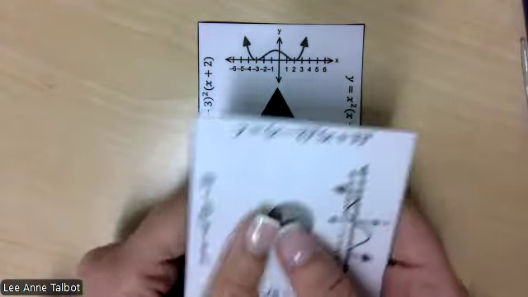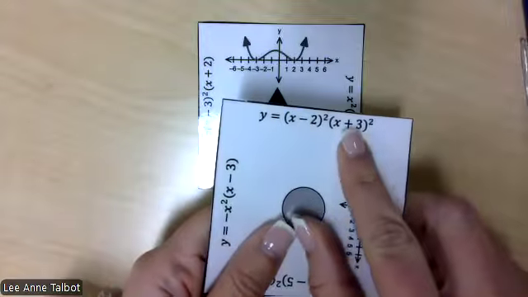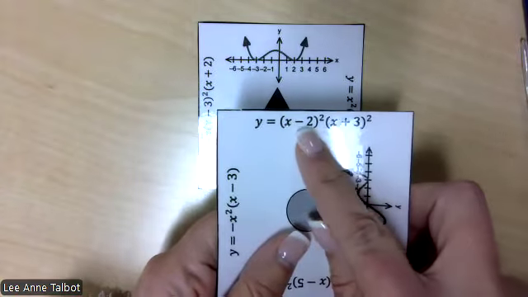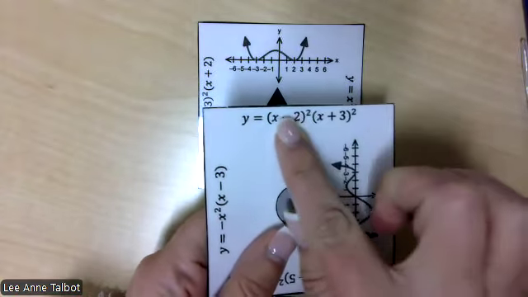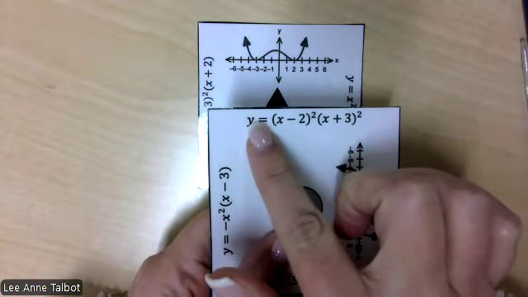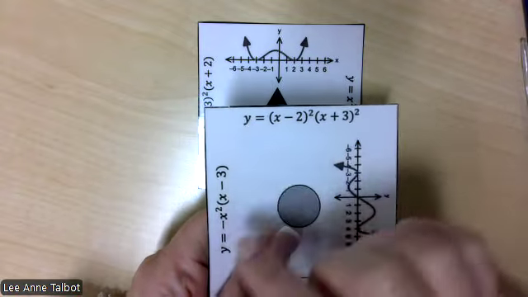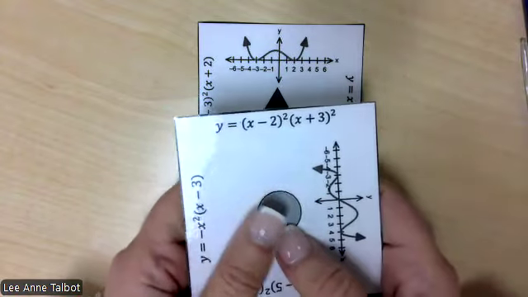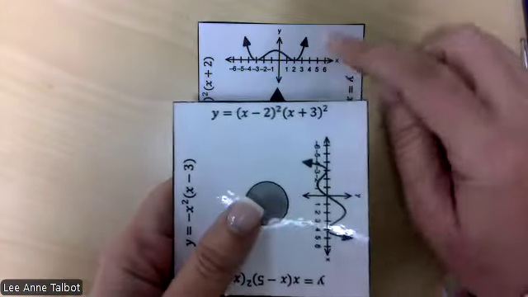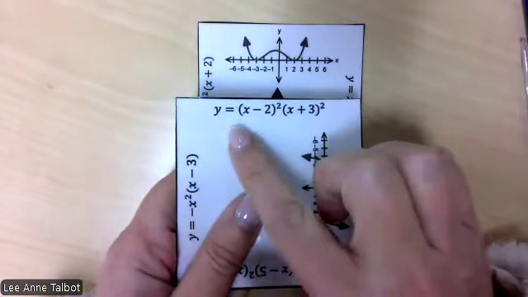It's squared at -3, squared at 2. And there are a lot of them that look like this, but they had X's in the front. This one does not go through 0, so okay. You guys with me? Squared at -3, squared at 2.